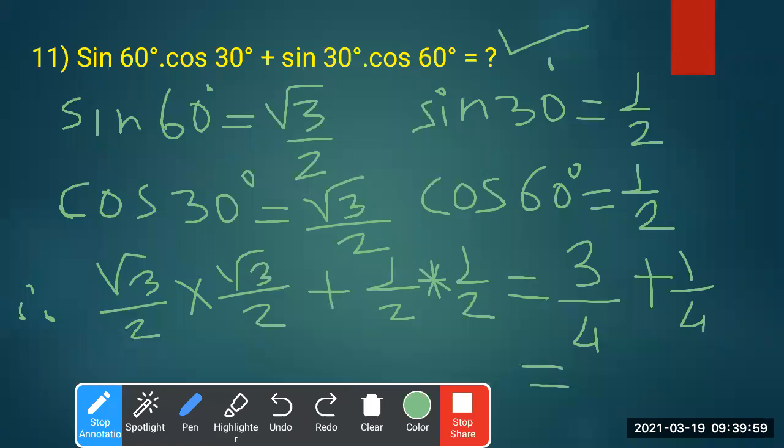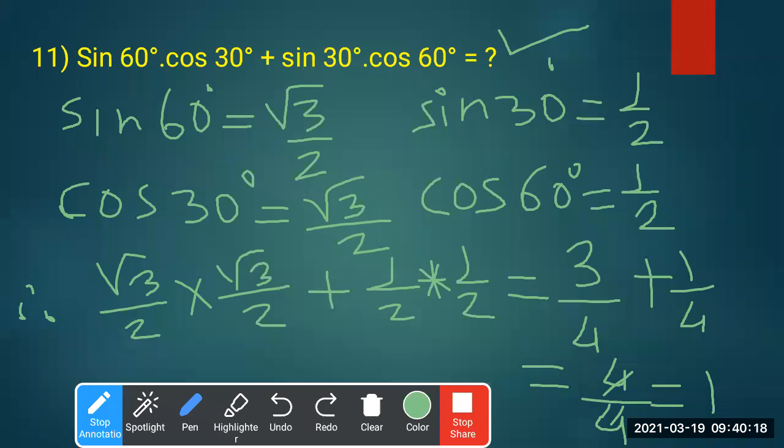Here the denominators are the same, so we can directly add. All of you know this basic thing. So 3 plus 1 is 4, 4 upon 4 gives 1. The value of the given expression is 1.